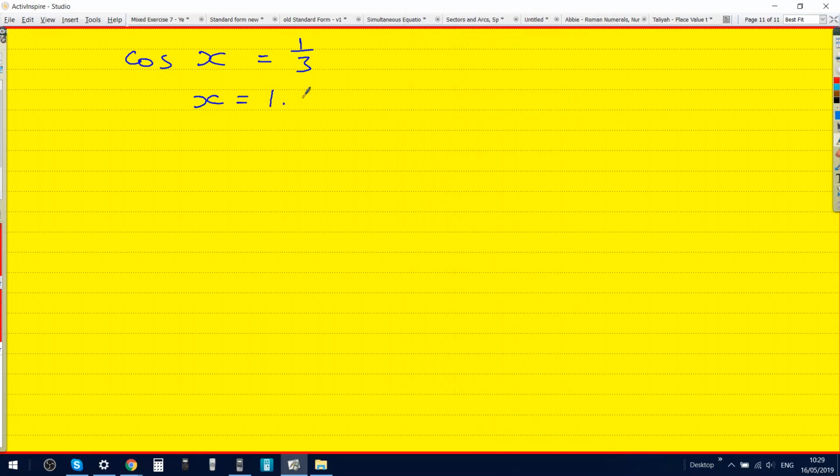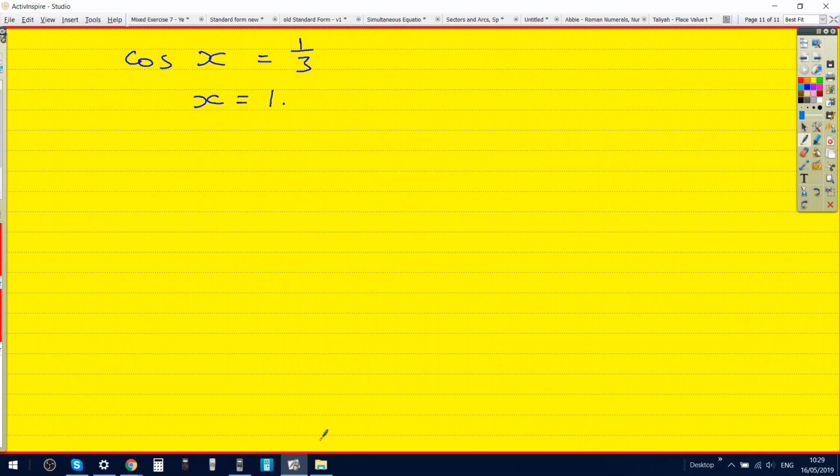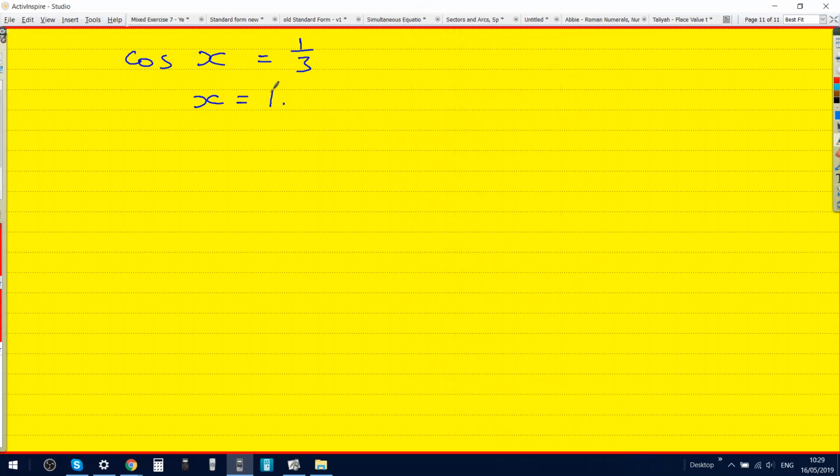That's in radians, is it? Yeah, it will be. They want it in degrees. Shift cos 1/3. So it's 70.5.